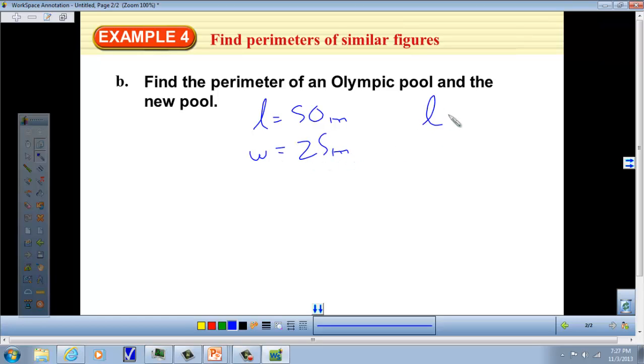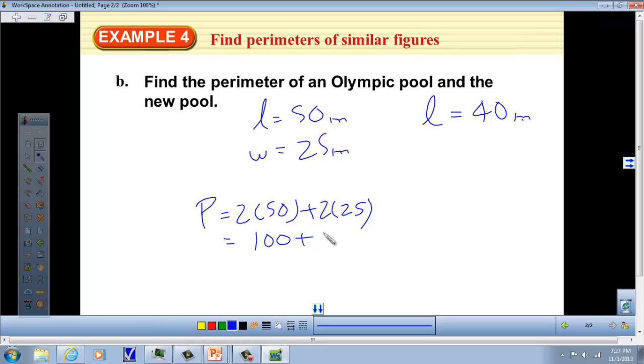We know the length for the new pool was 40 meters, but we don't know the width, and in this case, we don't need to know the width. So what we do is take the perimeter of the Olympic pool, which is 2 times 50 plus 2 times 25. This gives us 100 plus 50. So the perimeter of the new pool, or I'm sorry, the Olympic pool is 150 meters.